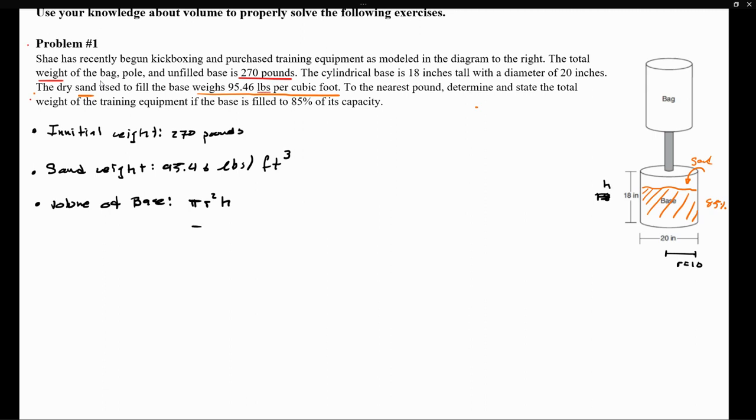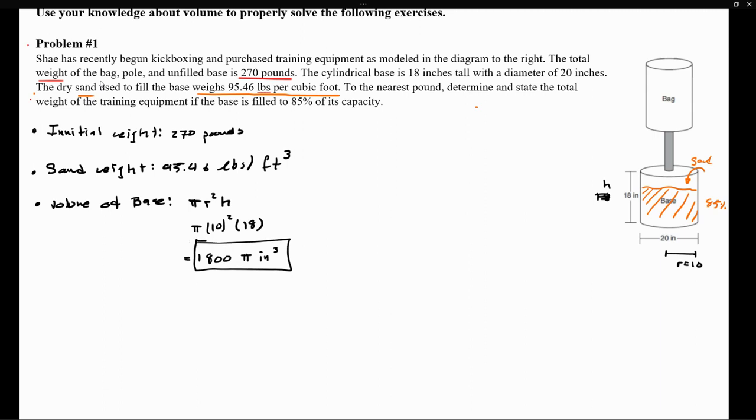The volume of the base is going to be pi times 10 squared times the height, where the height is 18. So if we simplify all this, the volume of the base is equivalent to 1,800 pi inches cubed.